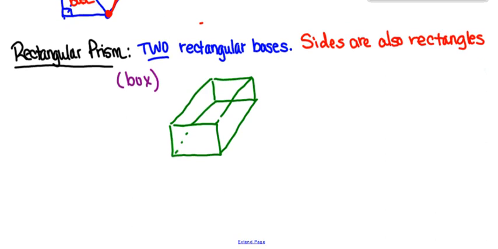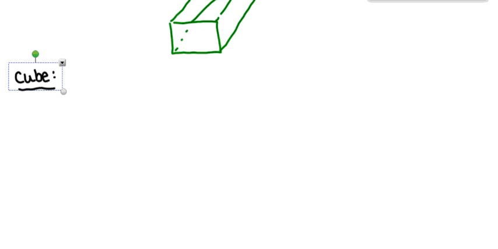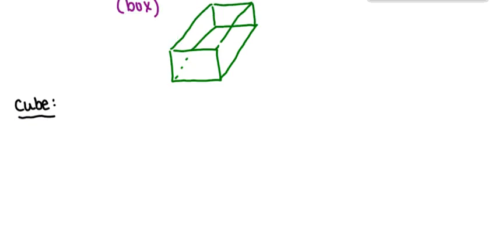And the last one that we need to have a discussion about, I think you'll have seen this one also, is the cube. The cube is just a rectangular prism where all of the sides or all of the faces are the same. So the cube is really just a rectangular prism, or a box, where all of the dimensions are the same.